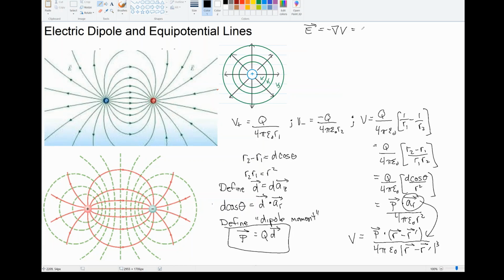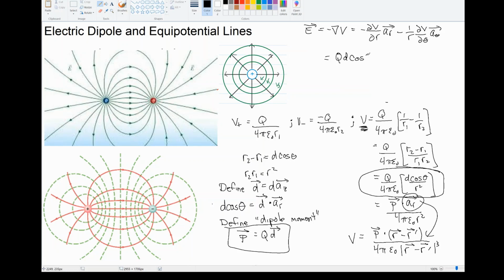So in this case, in spherical coordinates, this is what the electric field would reduce to. I don't have to worry about the phi direction because there is no phi in my expression for potential. There's an r and there's a theta. So when I carry that out, 1 over r squared is like r to the minus 2, and I take the partial derivative and that becomes negative over r cubed, and so the negative cancels with that negative.